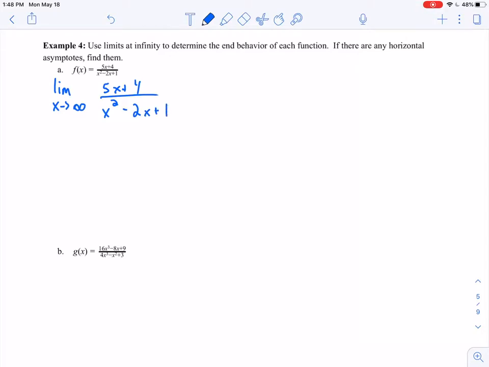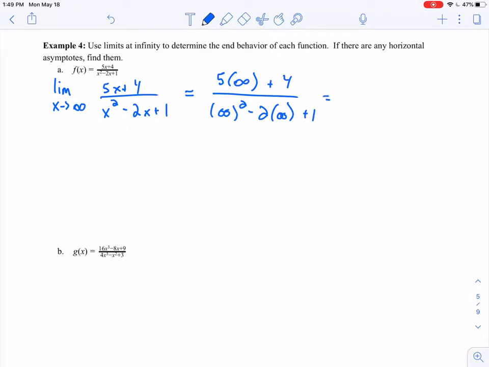So if I wanted to evaluate this, your first thought might be, okay, what happens if we take that number and plug that in? So what if we were to take, say, infinity and plug that in? 5 times infinity plus 4 divided by infinity squared minus 2 times infinity plus 1.